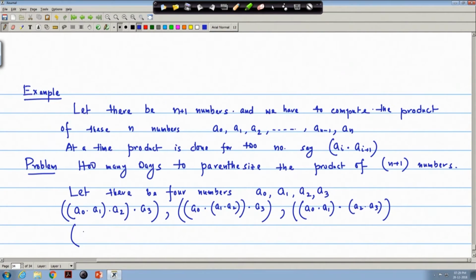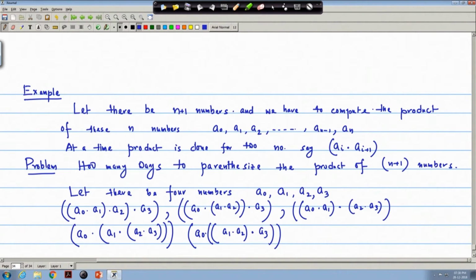I can take A0, then A1, then A2, A3, or I can take A0, A1, A2, then A3 first and then.